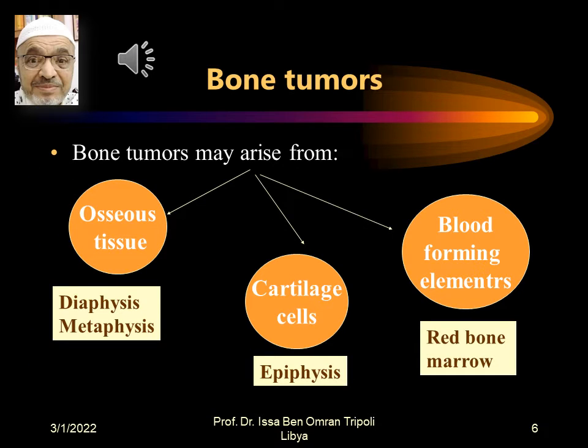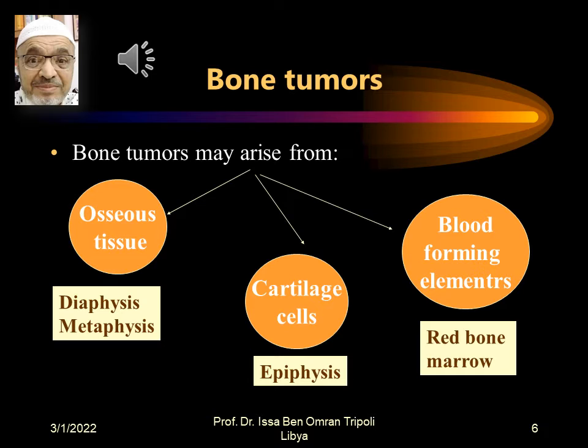Bone tumors may arise from three sources, either from osseous tissue or cartilage cells, or from blood forming elements in the bone marrow. So the first source, from the bone tissue itself in the region of diaphysis or metaphysis of the bone.